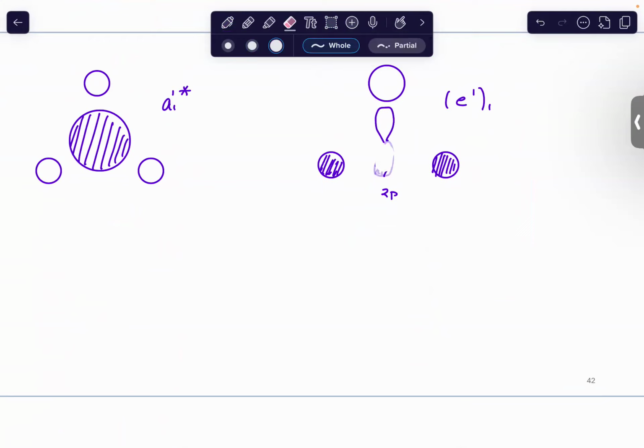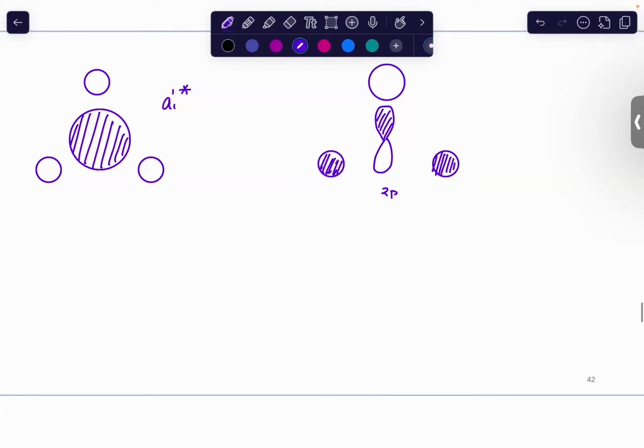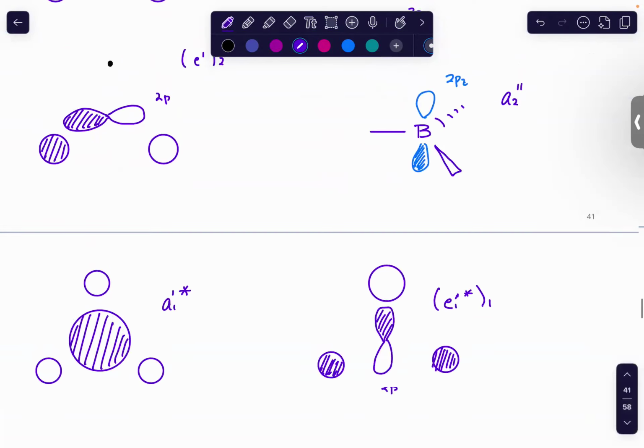And then here, it'll realign that way. And this will be your first E prime star. And then we'll grab this other one.